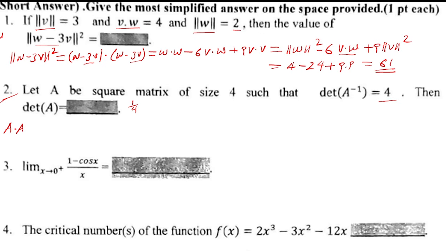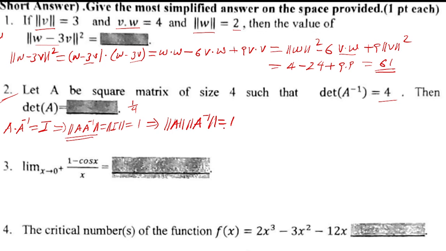But if you don't remember, always remember this property. A times A inverse is the identity matrix. So from this, the determinant of A times A inverse is equal to the determinant of the identity matrix, that is 1. And from the determinant property, this is determinant of A times determinant of A inverse, that is 1.